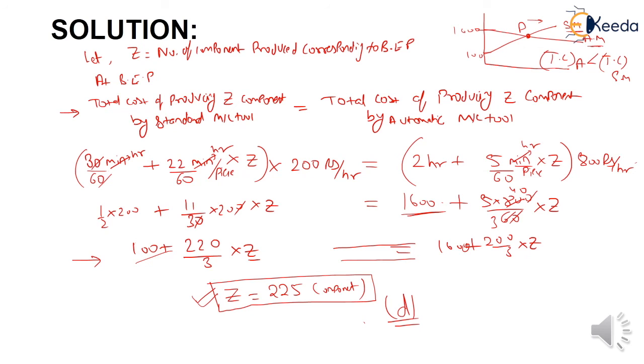So after the break-even point, the automatic machine tool is economical. The automatic machine tool is best after the break-even point. In the question, the examiner asked for the break-even production batch size above which the automatic machine tool will be economical to use, so simply the break-even point production is asked.